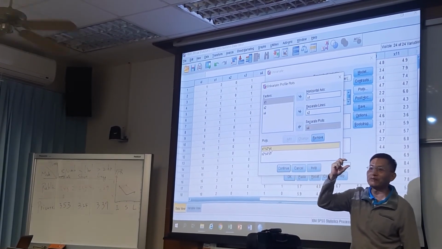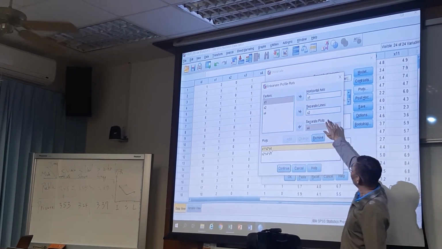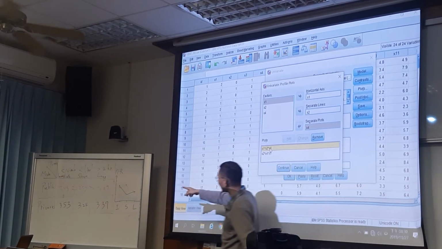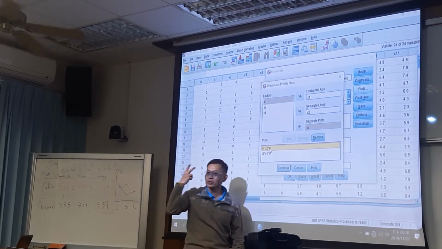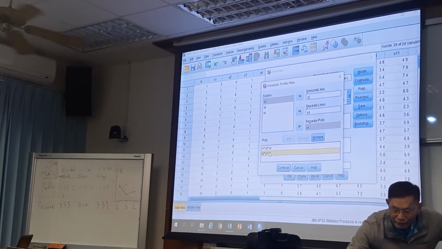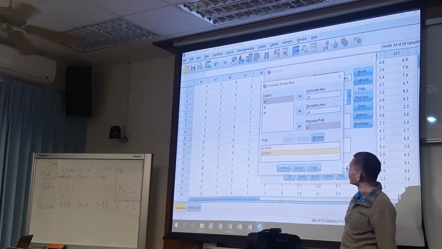So how many levels does X4 have? 2. And for the interaction plot, just like this one, there are 2 plots. How about this one? Same. How many plots do we have? 3.